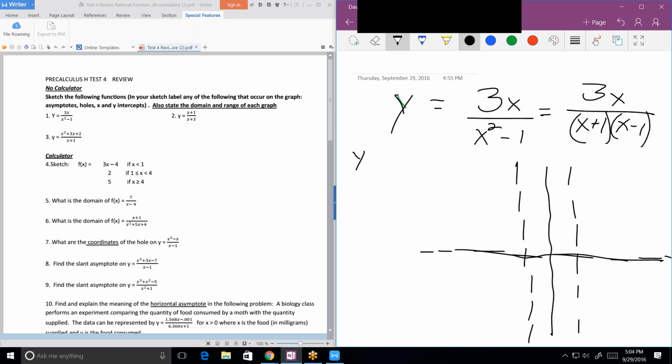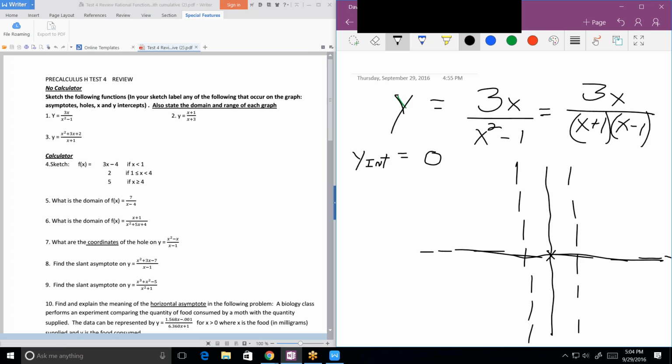How do you get y-intercepts? So x equal to 0. What do you get here? You just get 0. Okay. So we know the curve has to go through that point right there at y equals 0. In other words, that's our y-intercept.